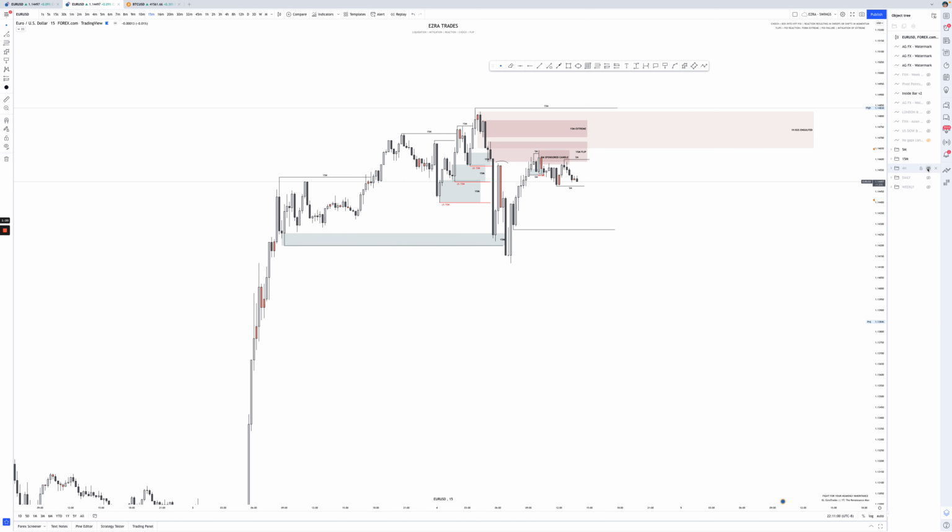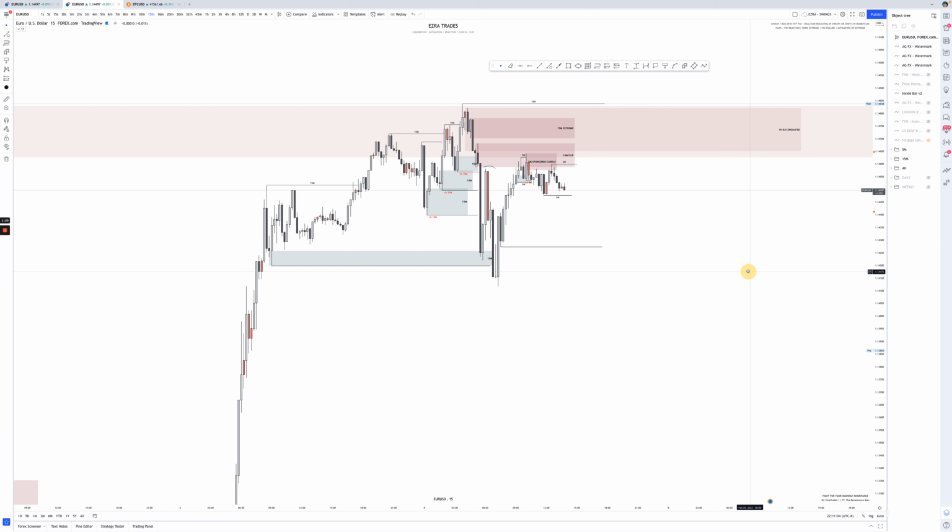When we look at everything in alignment, when we really understand the higher time frame, this is how you should do your markups. You only have to do this once a week to understand everything that's going on. For the rest of the days, when I start a new day, I'm just going to remove my lower time frames.